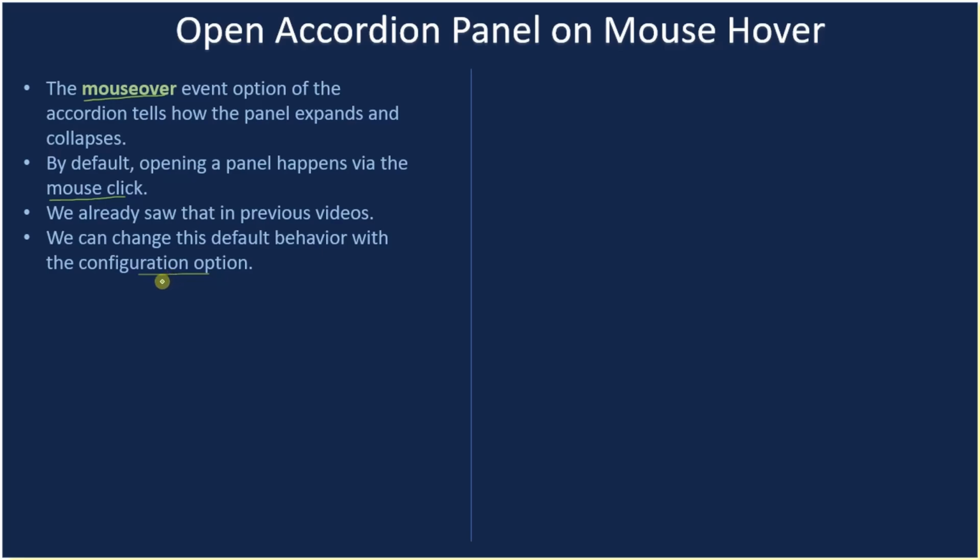In the same way, we can create accordion by specifying some of the configuration options. As part of configuration option, we can pass the setting as a key value pair. We already saw that in the previous subseries when we were using the tabs.